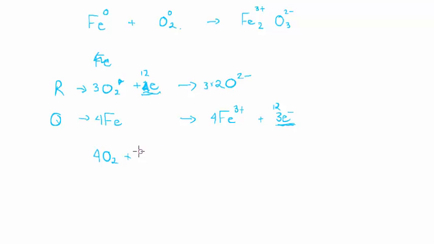So 4 iron ions plus 3 oxygens produce, and then these 2 get combined. So there's now 4 of these and 6 of these. But notice, for every 2 of these, I'm going to need 3 of these. Do you notice what I'm saying?